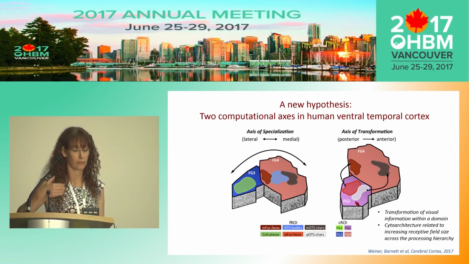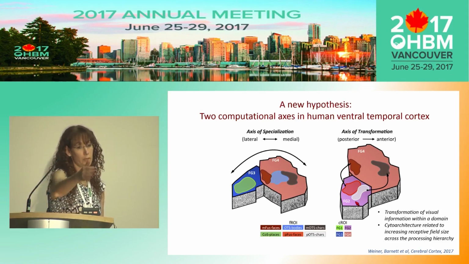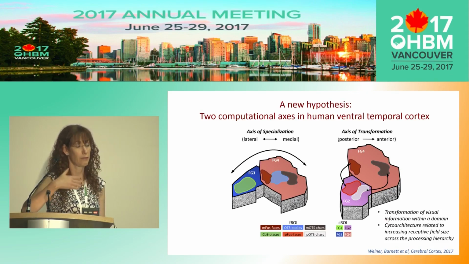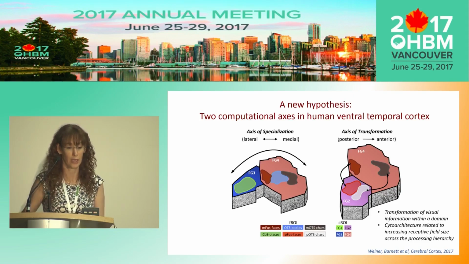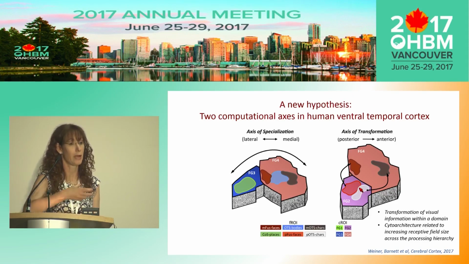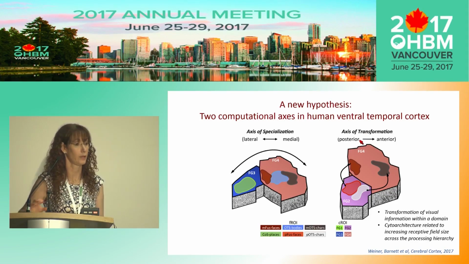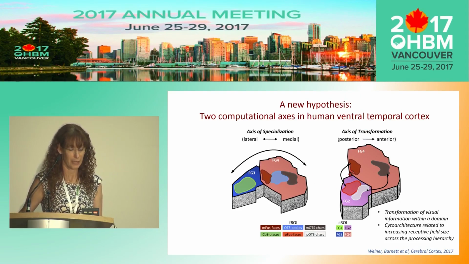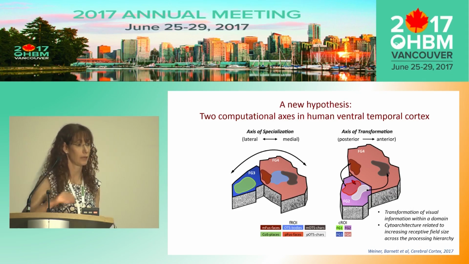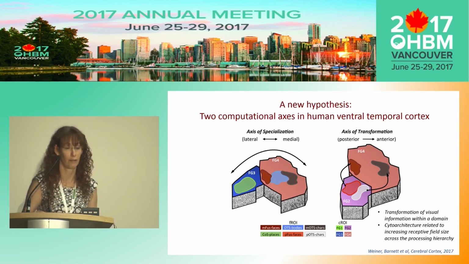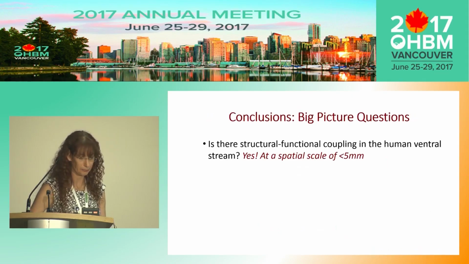One thing that we know about the ventral stream is that the hierarchy proceeds from back to front, and a feature of hierarchical processing is increased size of receptive fields. So we hypothesize that within a cytoarchitectonic region, there might be cells of similar receptive fields, and as you move to the next cytoarchitectonic area, maybe the receptive fields expand, and this could even lead to having regions of the same domain, but in different cytoarchitectonic areas because they might have different receptive field sizes.